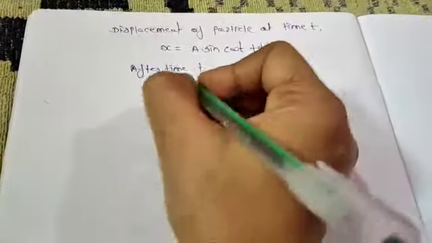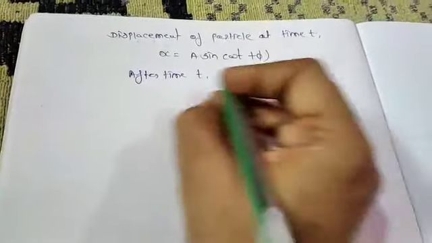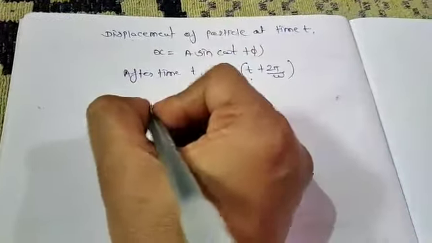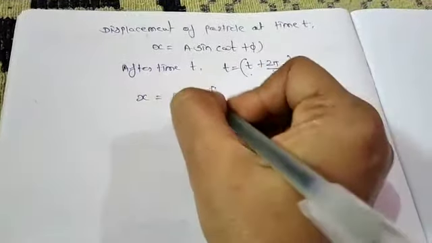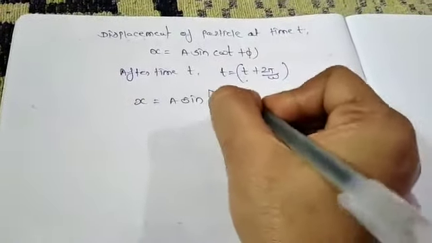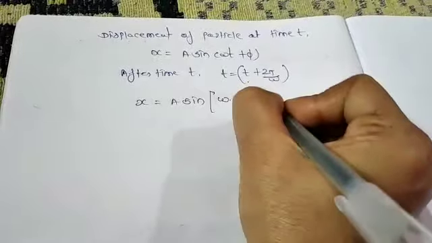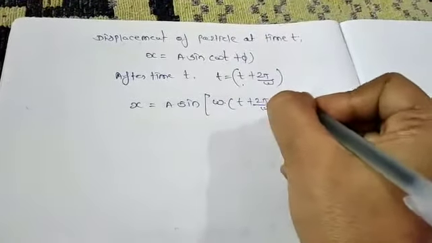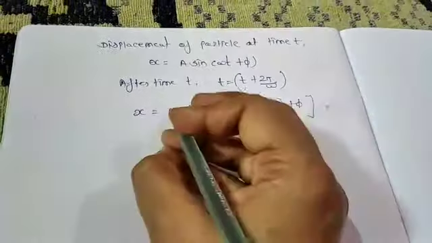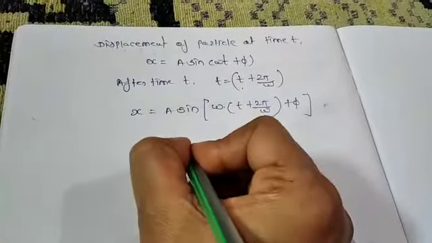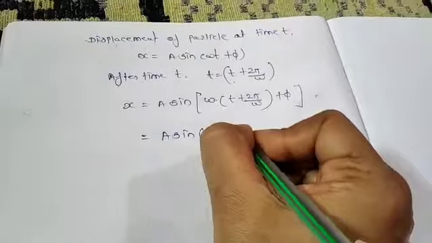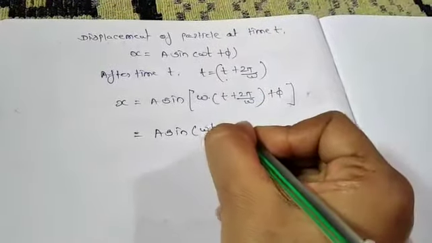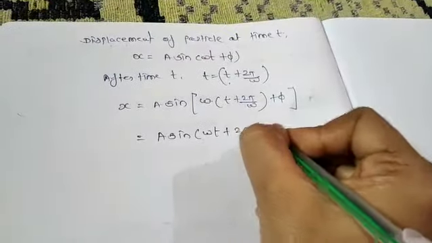So if we put t equal to 2π/ω in this equation, we write x equal to a sin(ω(t + 2π/ω) + φ). Simplifying, it is a sin(ωt + 2π + φ), the ω cancels.